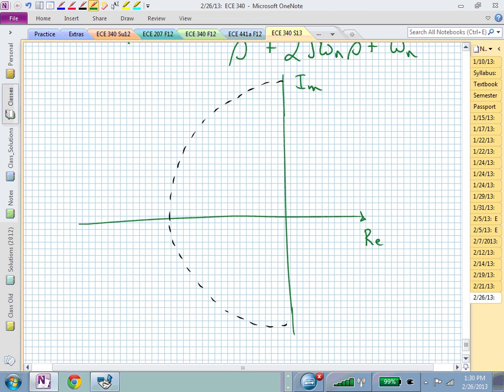Here's the real axis. This is the complex s plane. And let's suppose that the pole ends up being there, and those are now complex conjugates of each other. This point is minus sigma, so this length is sigma. This is now minus sigma, or that's now this zeta omega sub n.